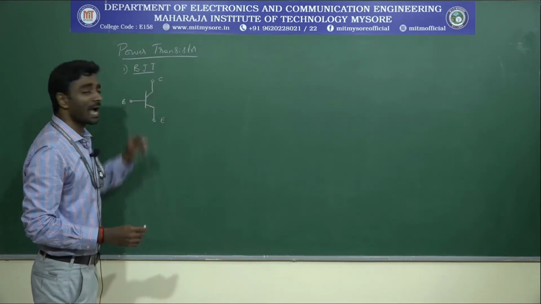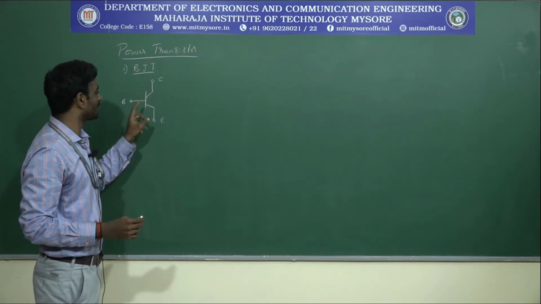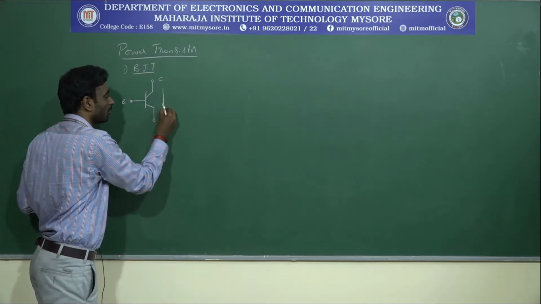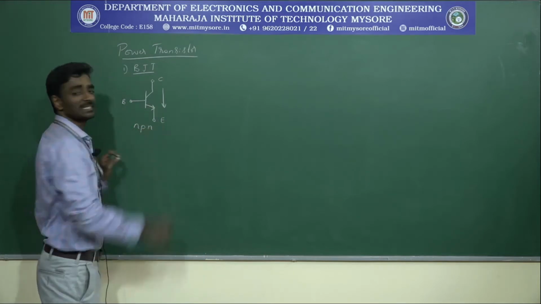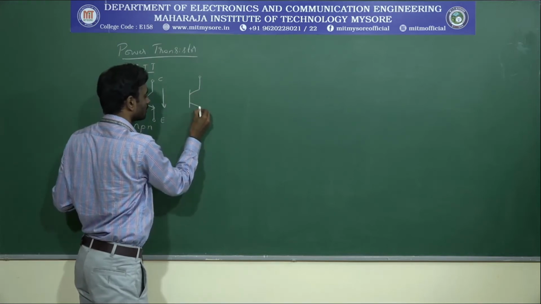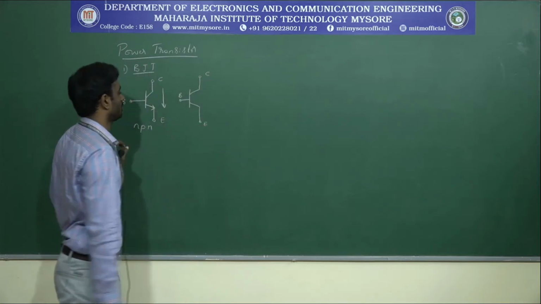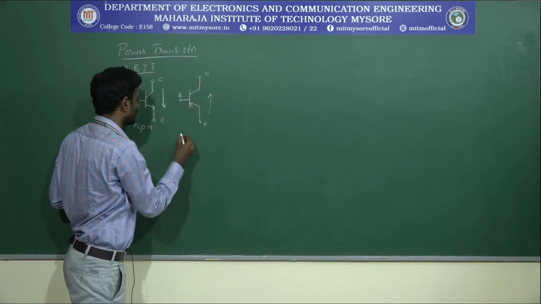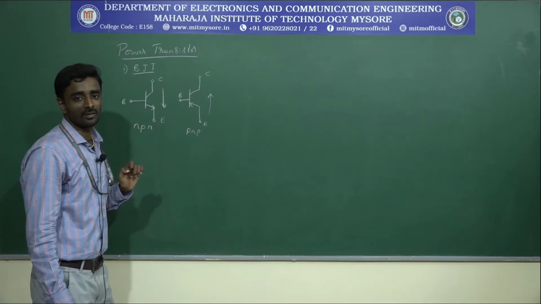Based on this current flow, I can say whether it's an NPN or a PNP. Based on this, we can classify BJT into 2 types. The first one, with the current flowing from collector to emitter, will be called an NPN transistor. The second one also has 3 terminals, that is base, collector and emitter, where the current is flowing from emitter to collector, and this will be called a PNP transistor.